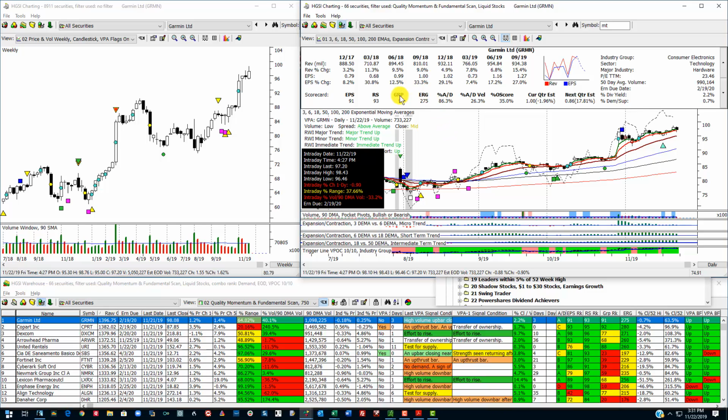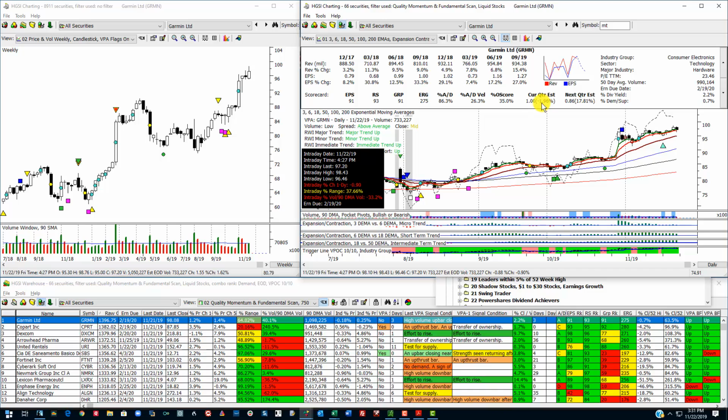Well, if I open this up, you can see that earnings growth has been good. 27% increase over the same quarter 1 year ago. The prior quarter is up 17.2% compared to the same quarter a year ago. Revenue growth has been strong.